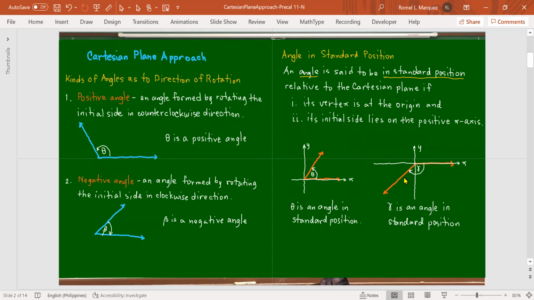If I drew it the other way, with the arrow going here, it's no longer in standard position, because this would serve as the initial side and it is not on the positive x-axis. And gamma here is a negative angle, while theta is positive.